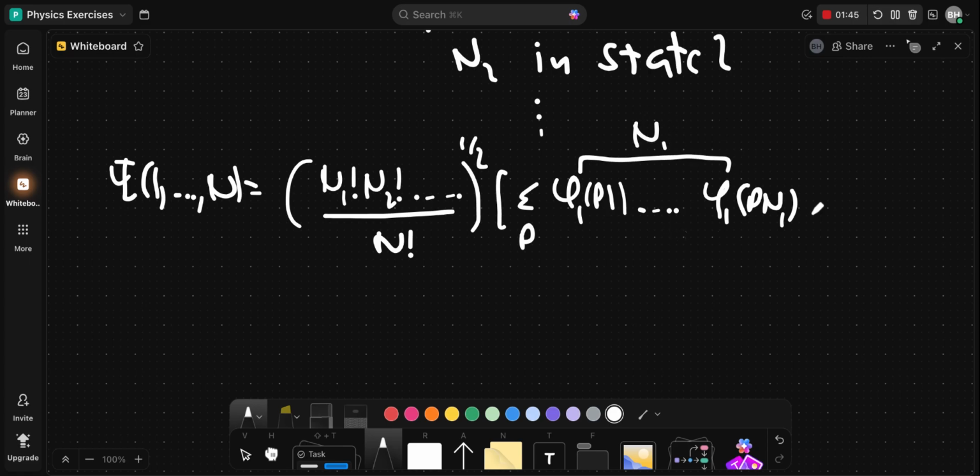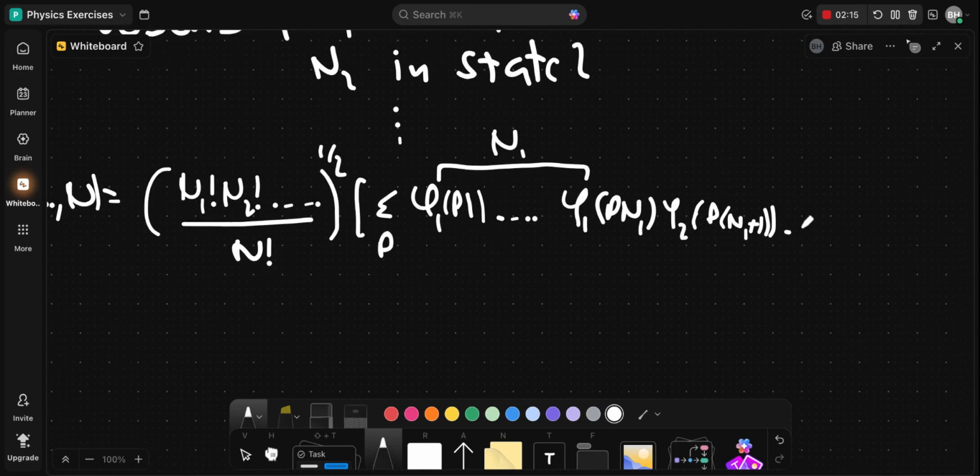But I'm also going to have the rest, right? So let me just say this continues here. I don't have much space, but I'll try to do it like this. I'm going to have phi 2, and here I'm going to have P of n1 plus 1, and this continues, phi 2 all the way up to P of n1 plus n2.